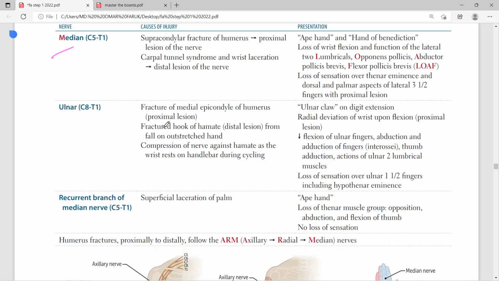It happens due to fracture of the medial epicondyle of the humerus, fracture of the hook of the hamate, and compression of the nerve against the hamate as the wrist rests on the handlebar during cycling.